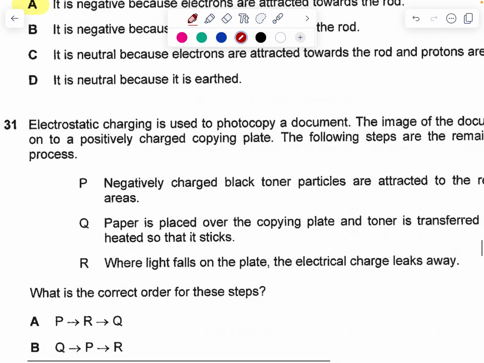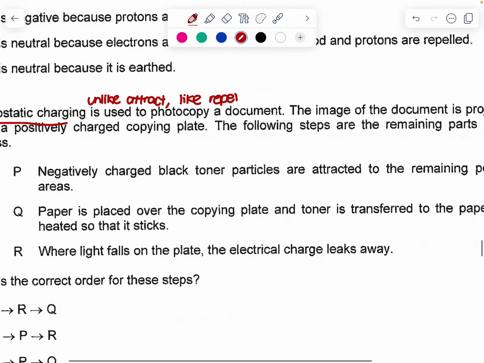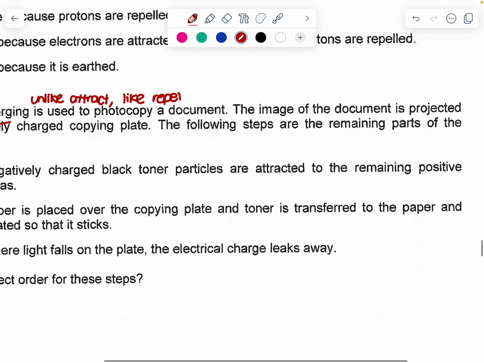Electrostatic charging, where we use the principle of unlike charges attract, like charges repel. So this is for electrostatic charging. And then when the paper is placed over and the pattern is transferred to the paper, this is actually the last part.